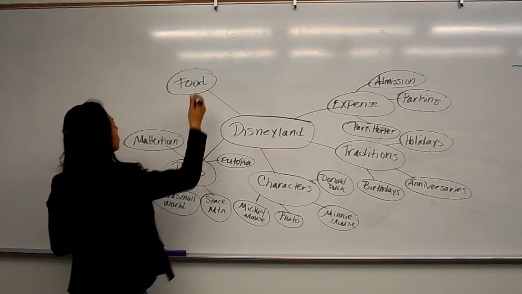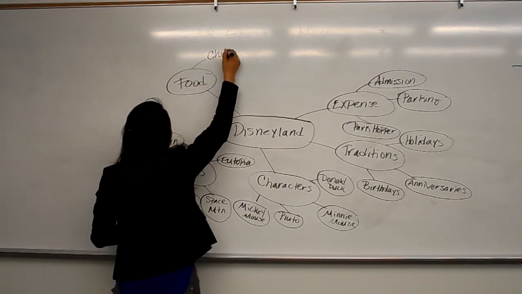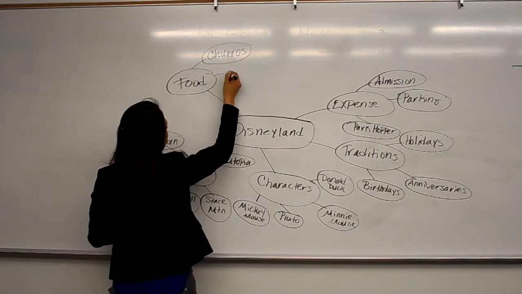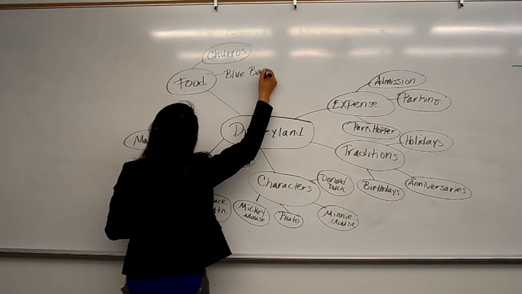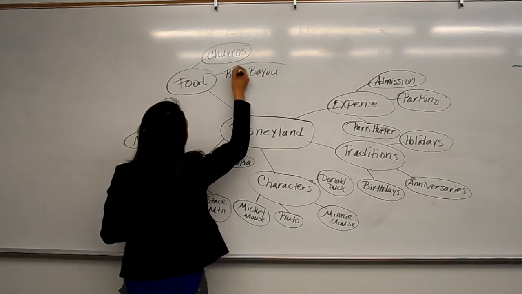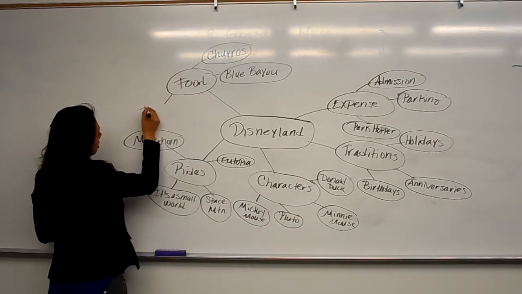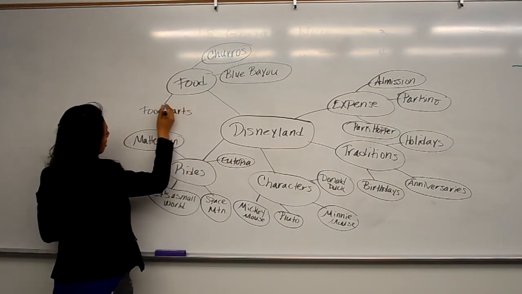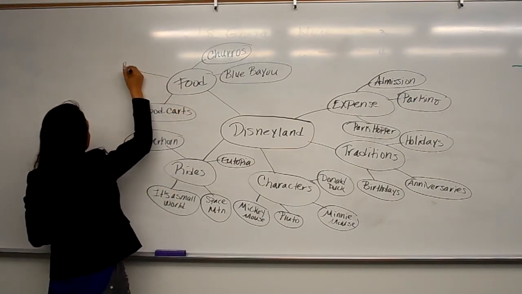The food. One of my favorites are the churros there. That's reason enough for me to go to Disneyland. You also have that fancy restaurant, the Blue Bayou. There are also different food carts. And then they have other restaurants.